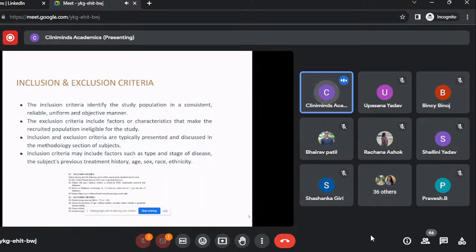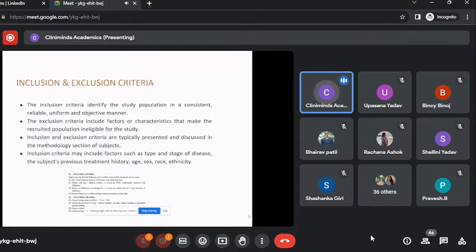Then if there is any malignancy, any cancer related things, cancer patients usually participate only in cancer studies. For other studies, we will not take those patients. If they have psychiatric or mental health problems, we will not take them.